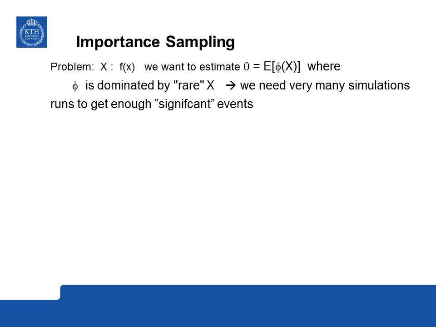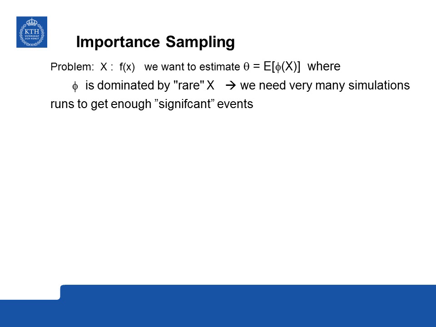So the x's where phi has a significant value, the probability of getting to those is very, very low. This means that the number of simulation runs needed to get to those events is very, very large.